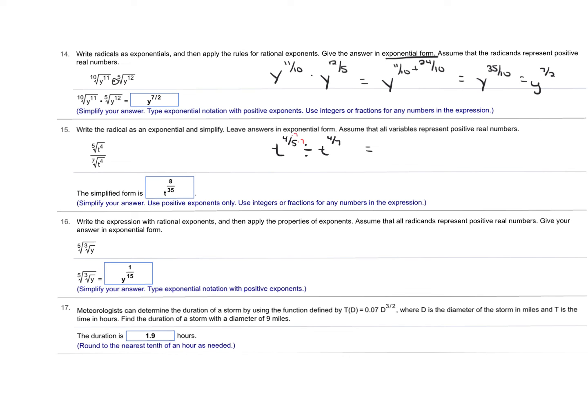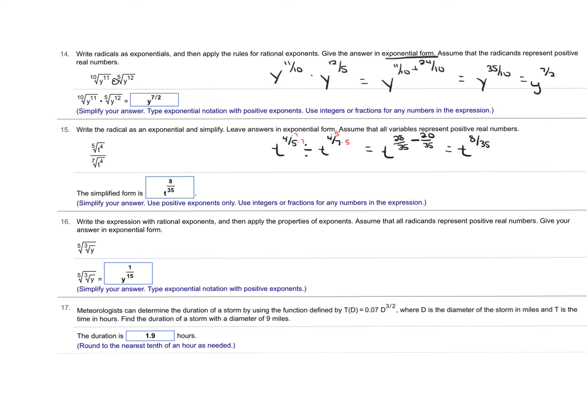So the top and bottom of the first fraction got multiplied by 7. Of the second fraction, they get multiplied by 5. So I would have t to the 28/35 minus 20/35 gives me t to the 8/35 power.